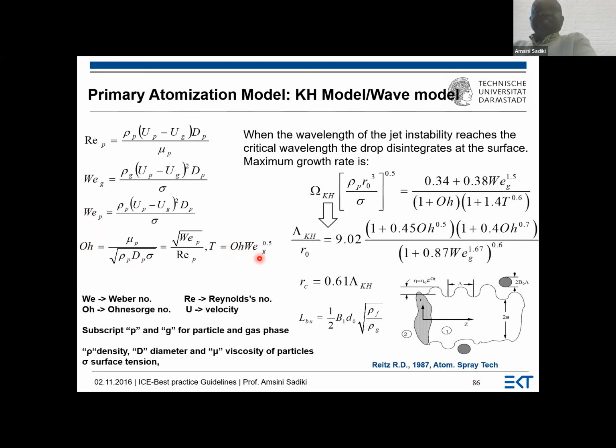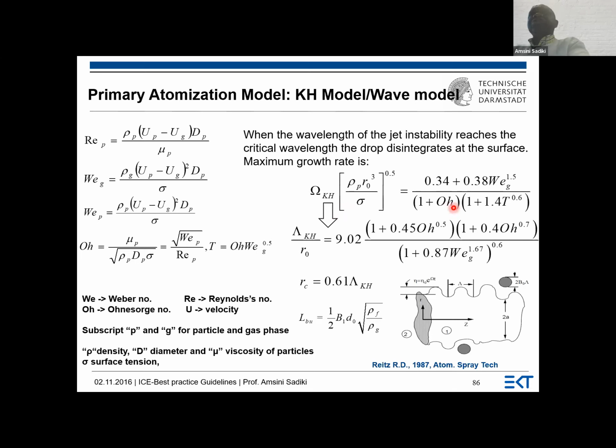For that, we have the maximum growth, because, as I explained yesterday, there is a formation of a wave, and if the wavelength is appropriate, then we have the enhancement of the instability, and then we have the breakup. If this wavelength is not appropriate, then the instability goes down, and there is no breakup. So the maximum growth is given by this expression.